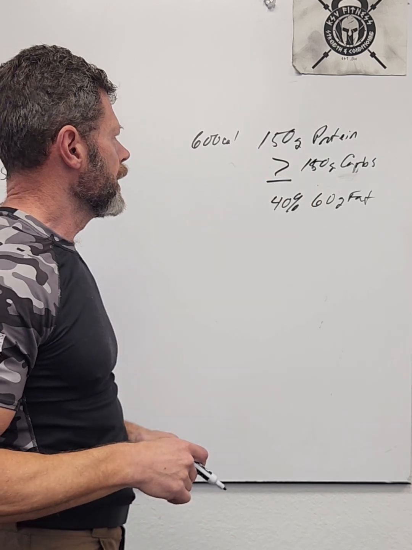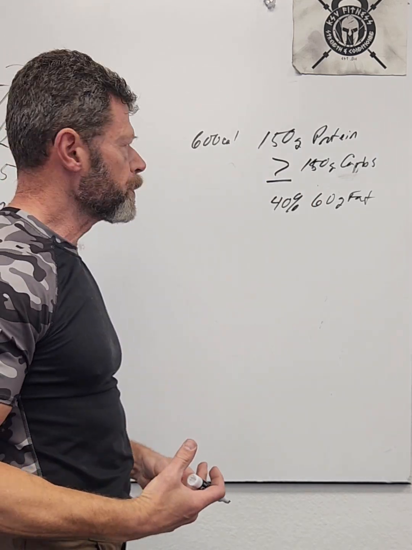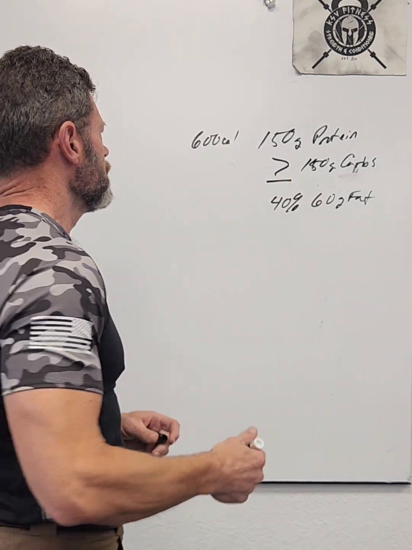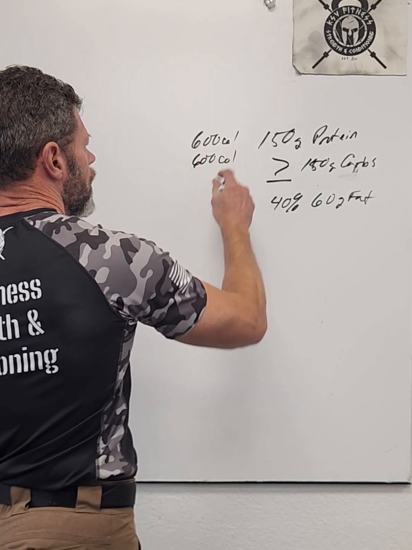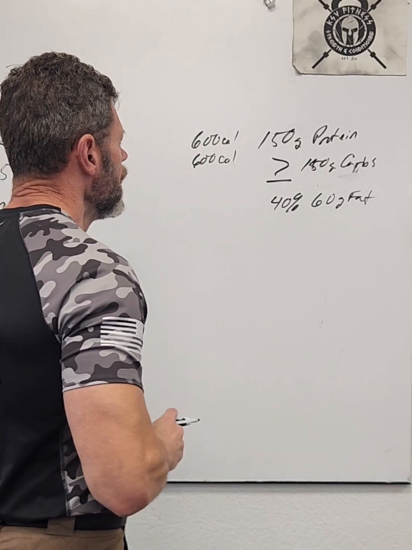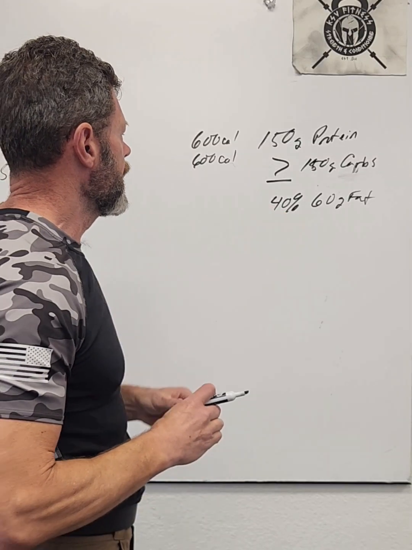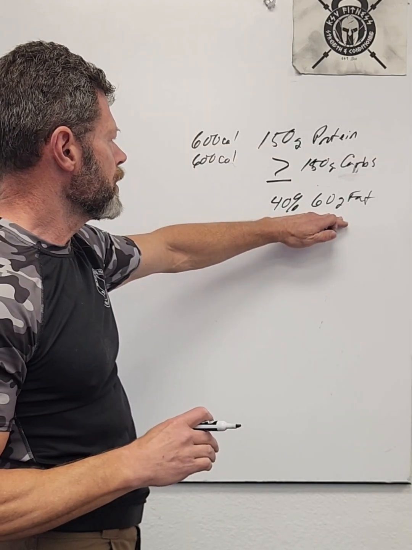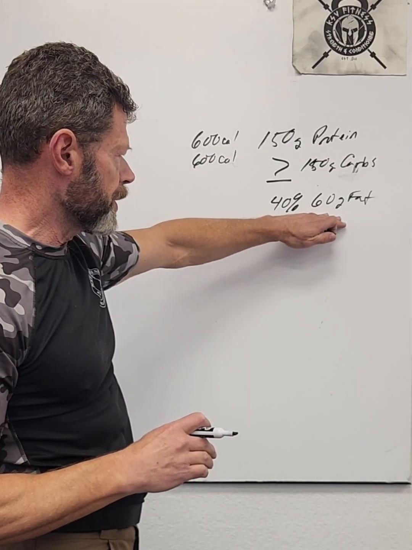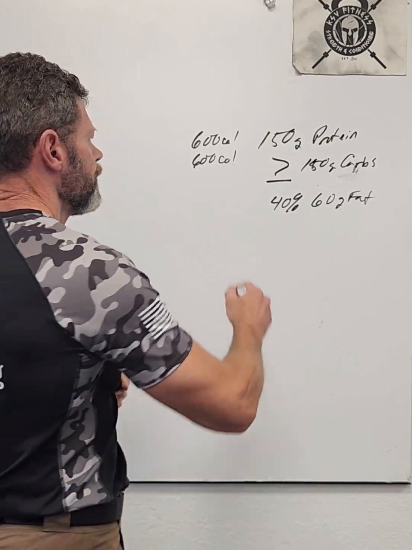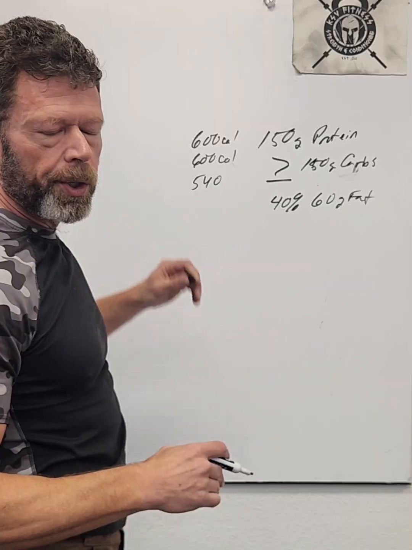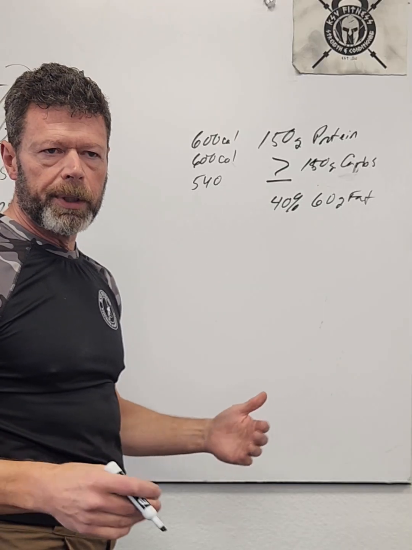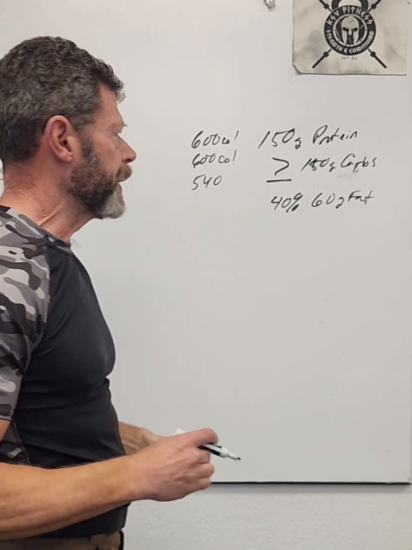And then, again, 4 calories per gram of carbohydrates, so we'd be looking at 600 calories or less. And 9 calories per gram of fat, so 540. So about a third of our calories, roughly, coming from each of those macronutrients.